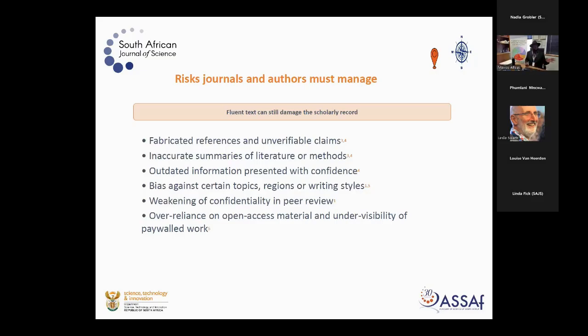And again, over-reliance on open access, because the AI is only able to train on articles that are open access and freely available. And I said this already: for articles or papers that are not open access, there is a problem because the AI cannot find those. There is a paper, actually a commentary, published by Wingfield and Wingfield in the South African Journal of Science that addressed this.